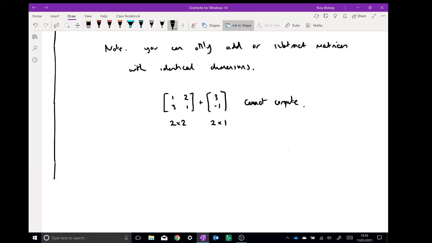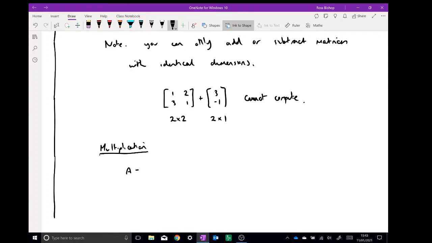Multiplying is not quite as straightforward, but not too bad once you know the rules. I'm going to give 3 matrices here, which will be applied throughout these examples. Let's say matrix A is like that.